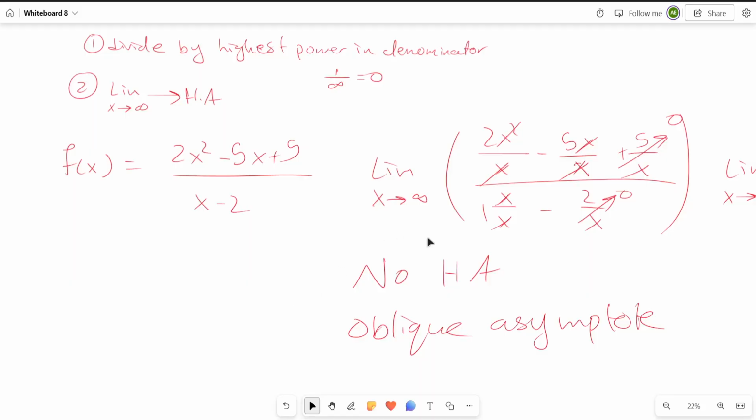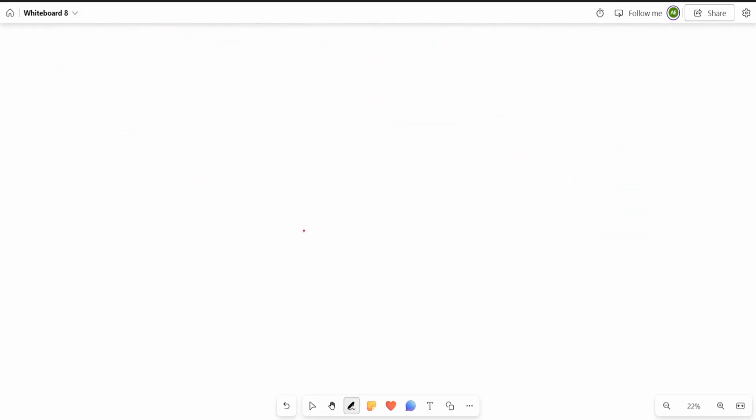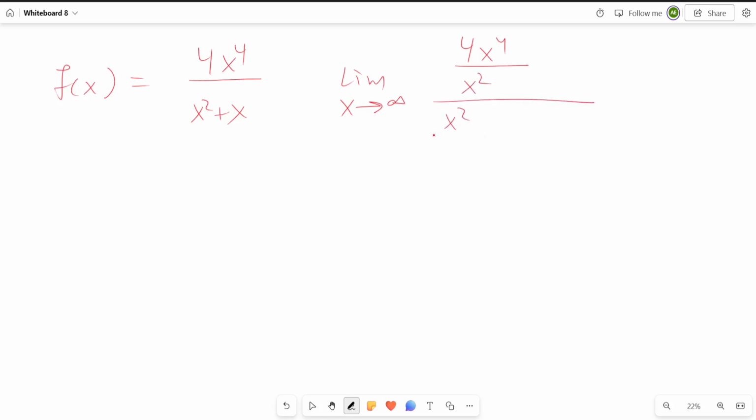Okay, let me show you one final thing. So if we have f of x equals 4x to the power 4 over x squared plus x, I will do the same thing. x approaches infinity. 4x to the power 4. What's the highest power in the denominator? It's x squared. So I'm going to divide everything by x squared. x over x squared.